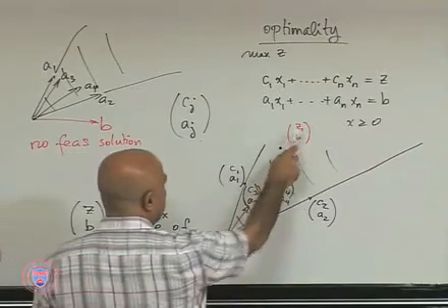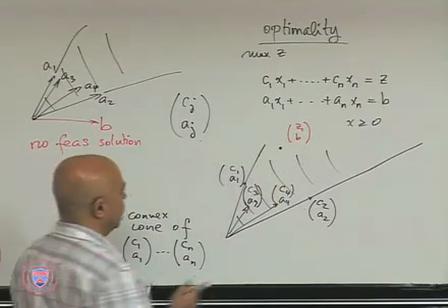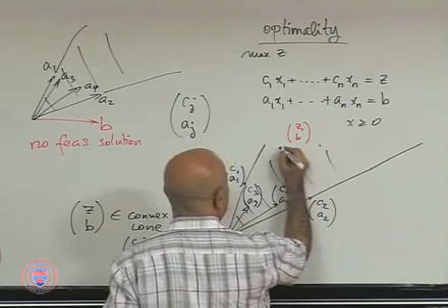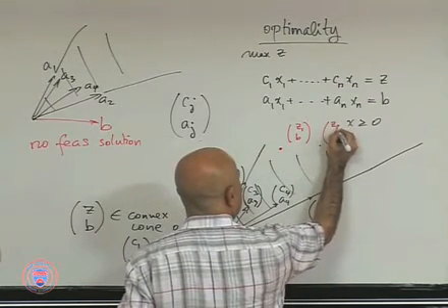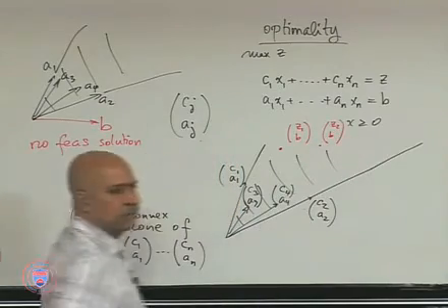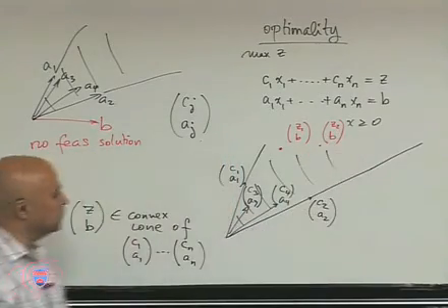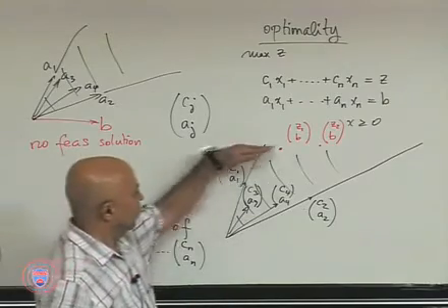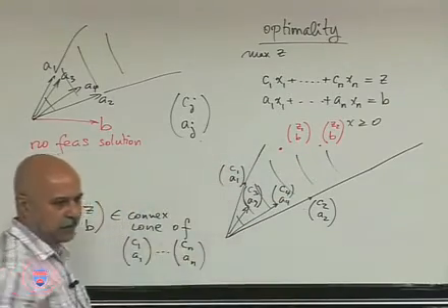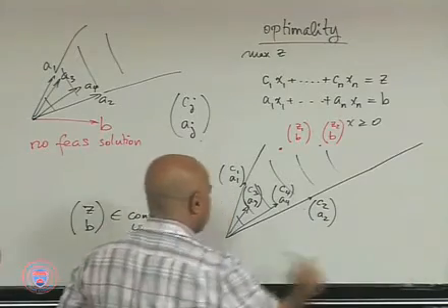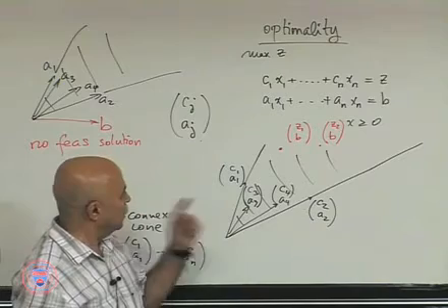Now, if I wanted to make Z larger and get another point here, for example, this will be Z2 and B, right? Can you see that? They are at the same height relative to the horizontal axis. There's a horizontal axis here, there's a vertical axis. Why are they at the same height?